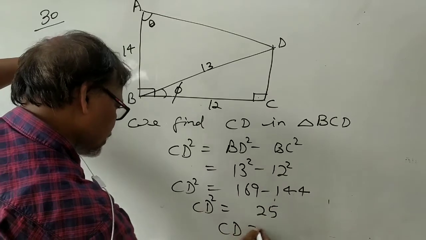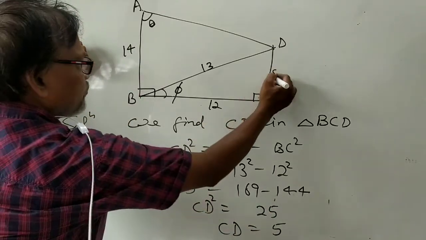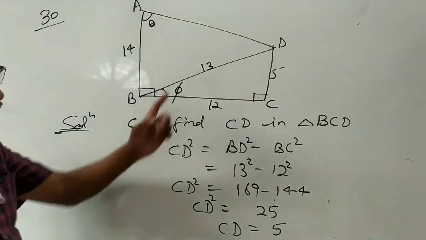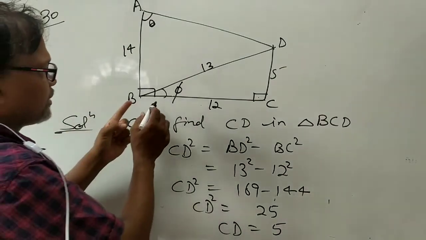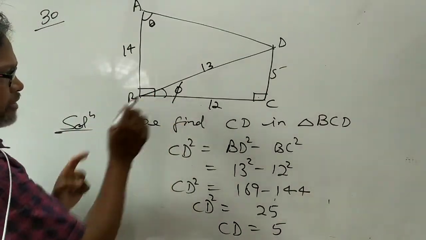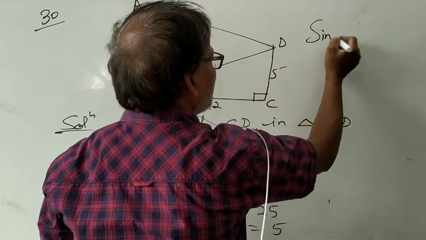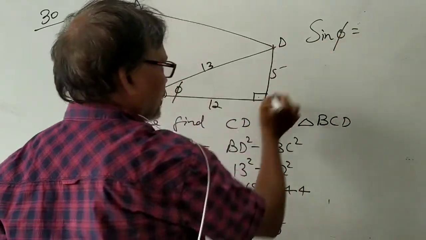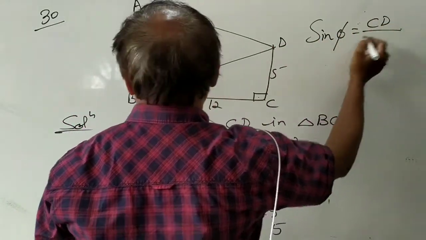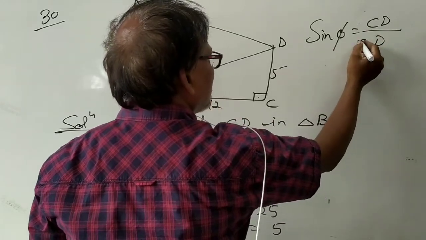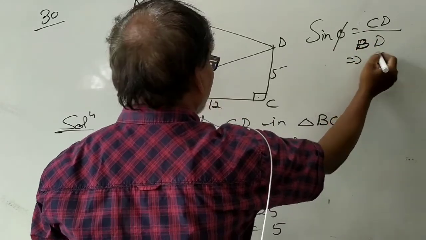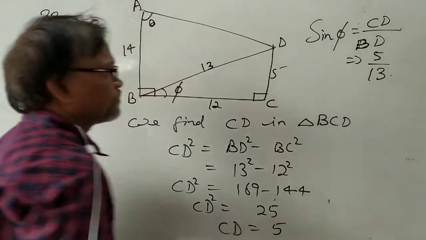So CD is equal to 5. This is 5. After getting the 5, you can find the sine phi. So sine phi will be perpendicular upon hypotenuse, means CD upon BD. This will be 5 by 13, the first answer.